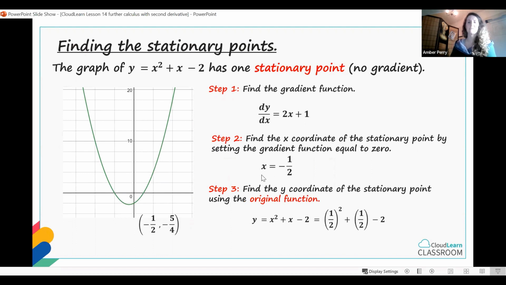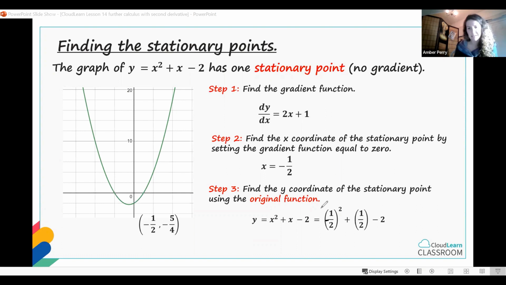So there we go. The original function was y equals x squared plus x minus 2. Substituting x is -1/2. I've done that wrong there. I've put x as a half. I do make mistakes sometimes. I'm very sorry. So I need to change that to -1/2 there.